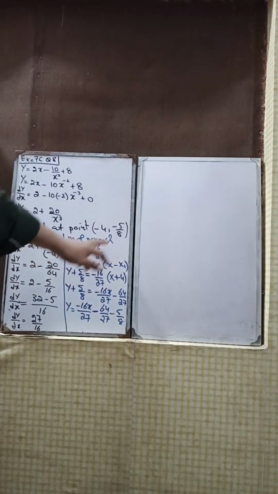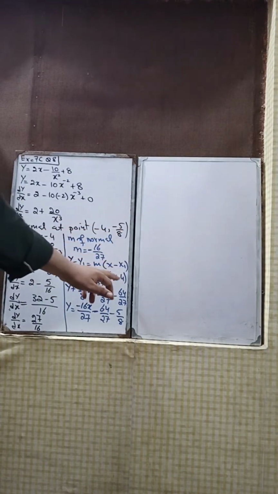In the expression of the derivative, question number 8, the curve at the point is (-4, -5/8). We put -4 here, and its cube will be, 4 4s are 16, 16 4s are 64, and this negative will come here. So here we have a positive sign. So 32 minus 5 is 27. So 27 by 16, we reciprocate it and change the sign, that's the gradient of the normal. y minus y1, we put this value here.